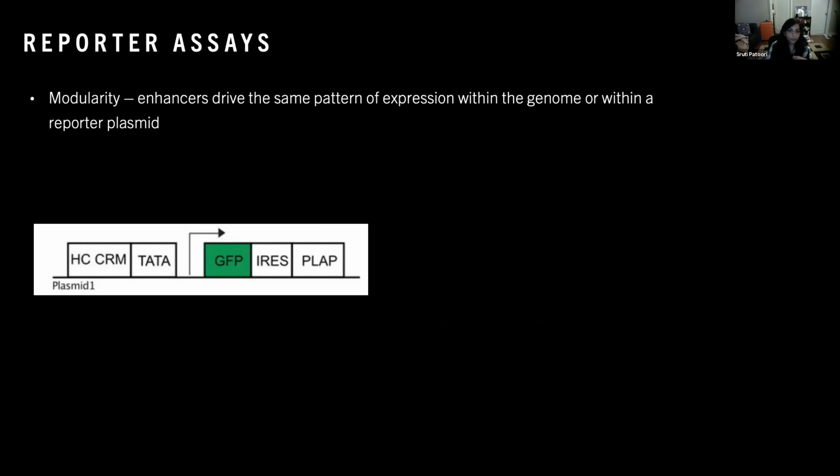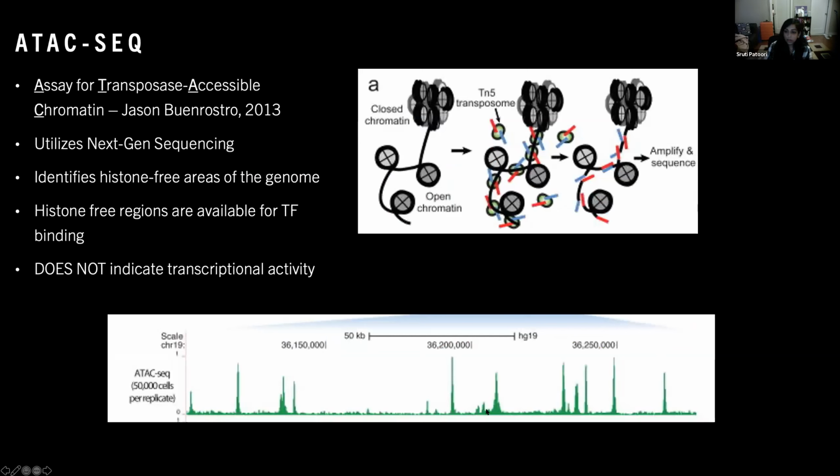So let's say you do this ATAC-seq experiment, and let's go with the cancer example, tumor cells versus healthy cells. You would expect to see different enhancers that are active, or accessible, in the tumor versus the healthy cell.